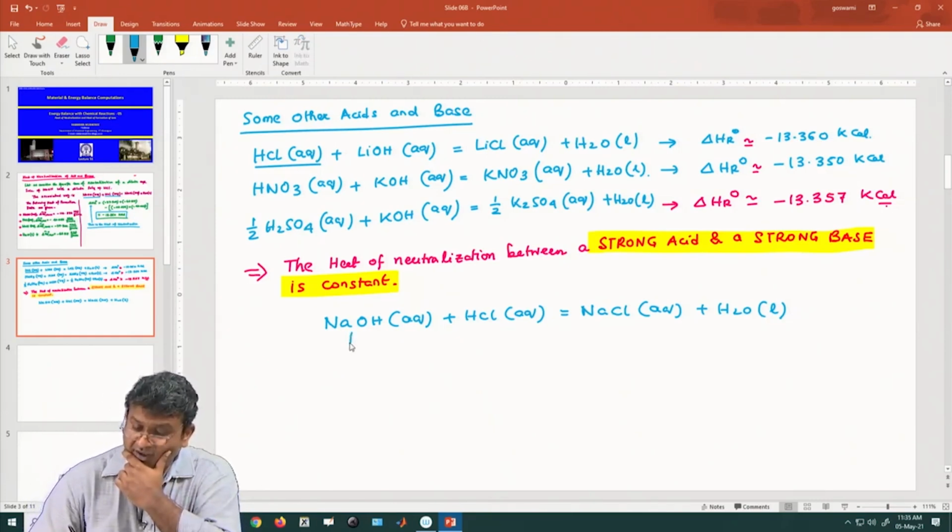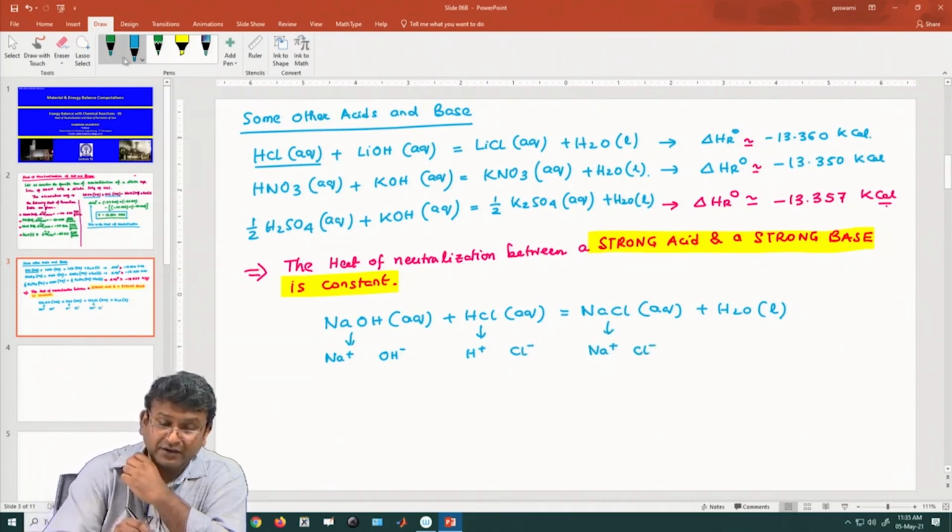So, this NaOH remains in the form of Na plus and OH minus, HCl remains in the form of H plus and Cl minus, NaCl remains in the form of Na plus and Cl minus, right.